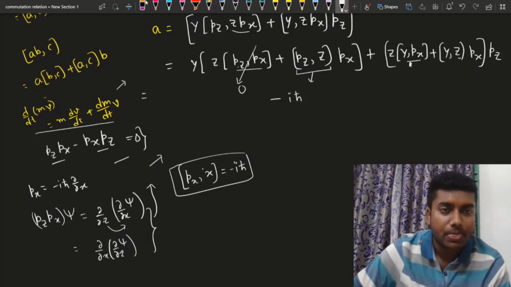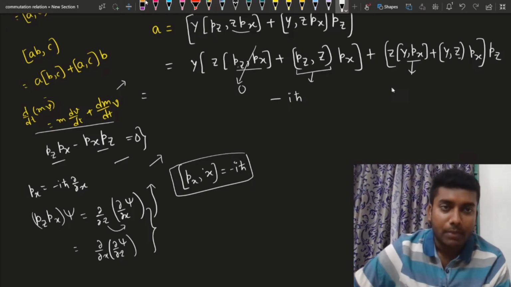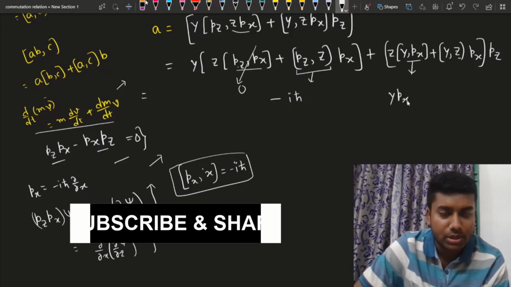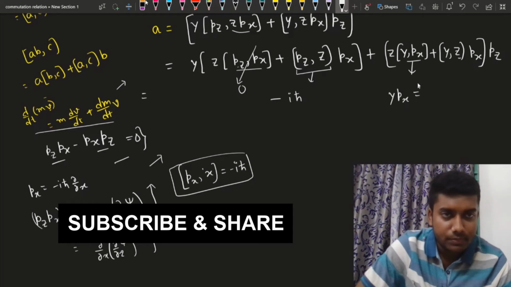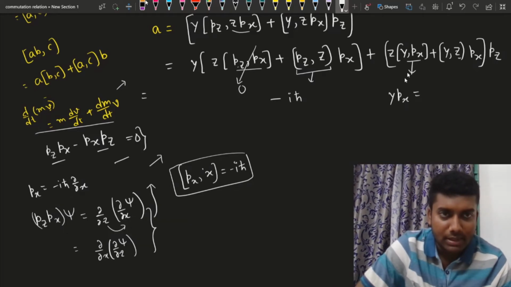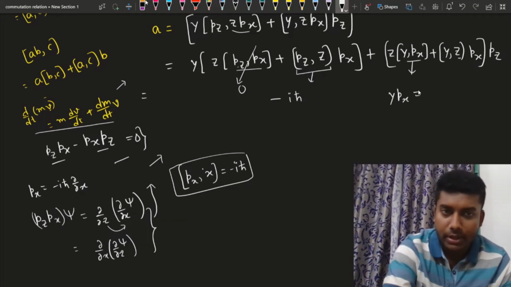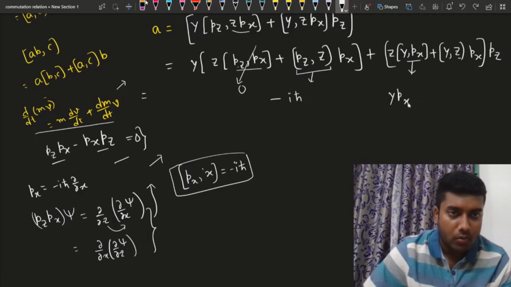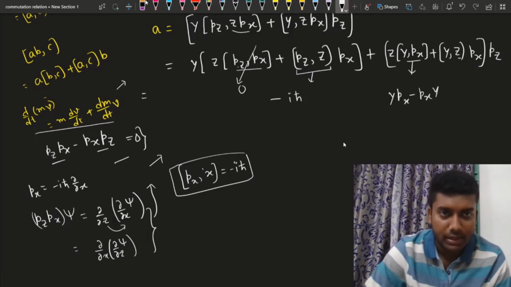Now coming to this, what will be this? If we break this, then it will be y px minus px y. Right, now what will be this? Y px is equal to y del del x.